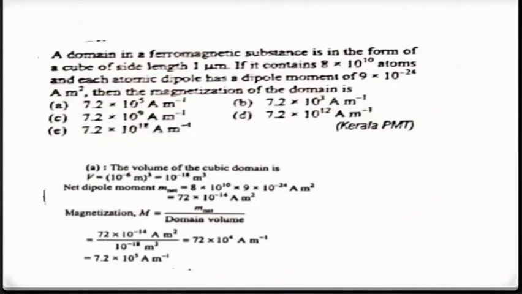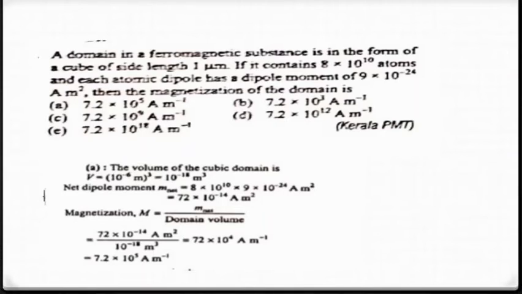So the next question. A domain in a ferromagnetic substance is in the form of a cube of side length 1 micrometer. If it contains 8 into 10 raised to 10 atoms and each atomic dipole has a dipole moment of 9 into 10 raised to minus 24 amps meter squared, then the magnetization of the domain is. So we have to find the magnetization, and the magnetization M is the ratio of the net magnetic moment by the domain volume.